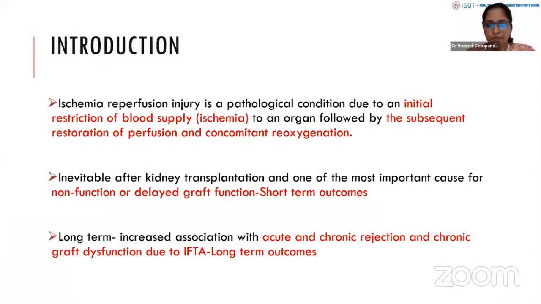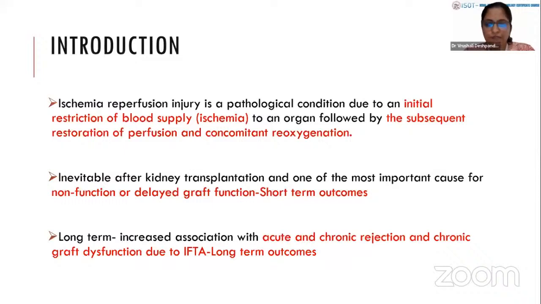Now, ischemia reperfusion injury is a pathological condition due to initial restriction of blood flow, that is ischemia, to an organ, followed by subsequent injury due to restoration of the perfusion and concomitant reoxygenation. Now, why is it important to understand this concept?